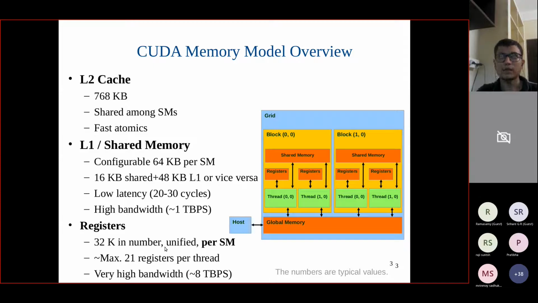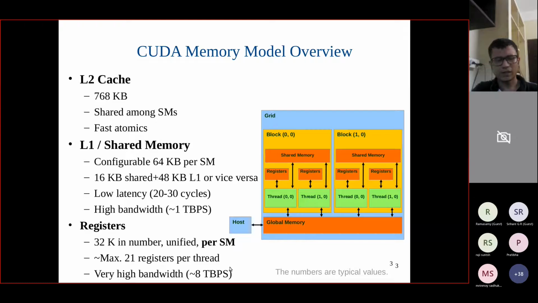This is a good number, because as long as you have something in a register, it is accessed very fast. A register is very close to the core, even closer than the L1 cache or shared memory, and its bandwidth is very high, as expected. Its bandwidth is typically 8 Tbps.